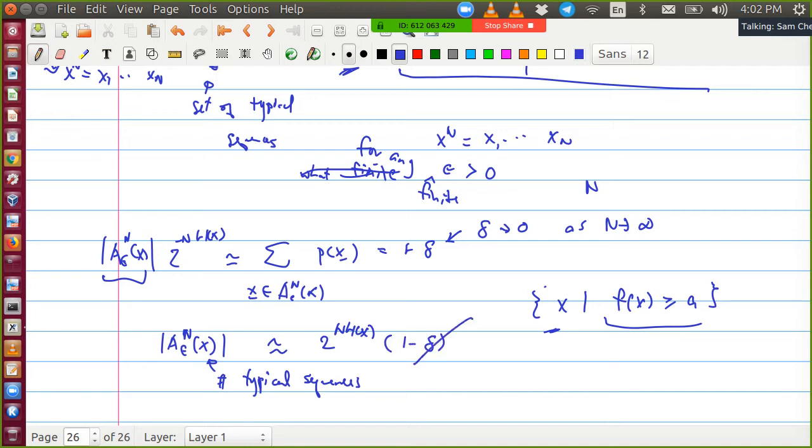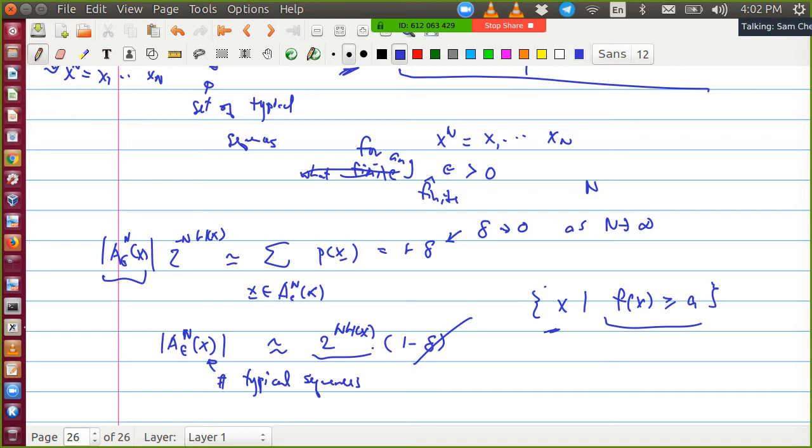If you ignore the delta, it will be approximately 2 to the nH(X). So you have approximately 2 to the nH(X) typical sequences, and all of them will have a probability close to 2 to the minus nH(X).